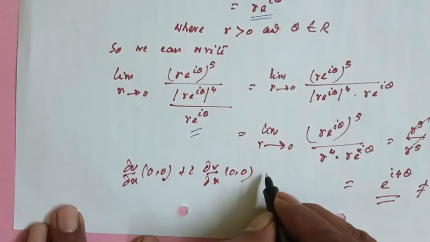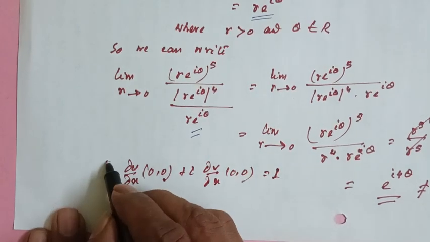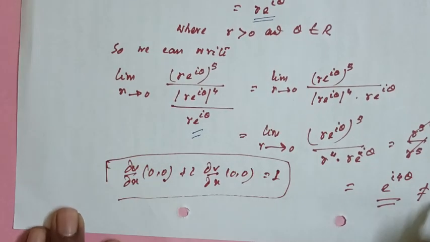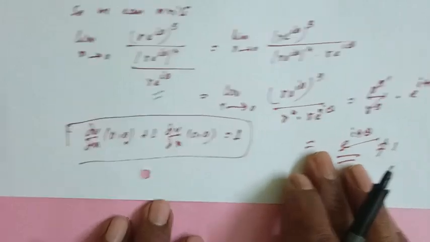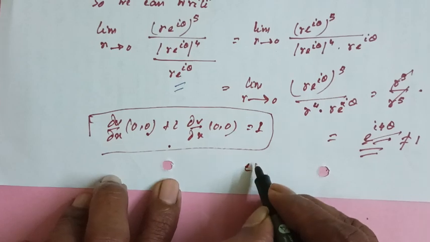We have calculated this one earlier, it was already 1, right? So this value is not equal to this value.